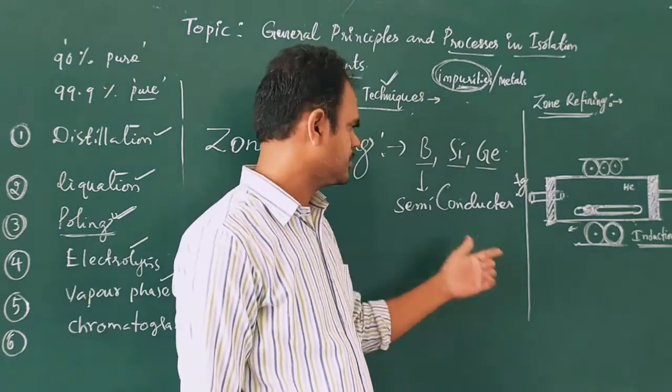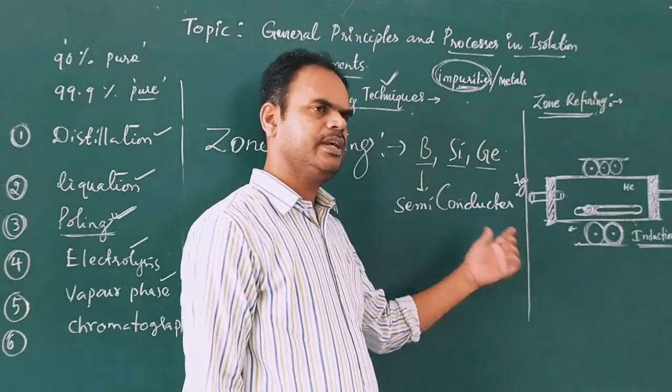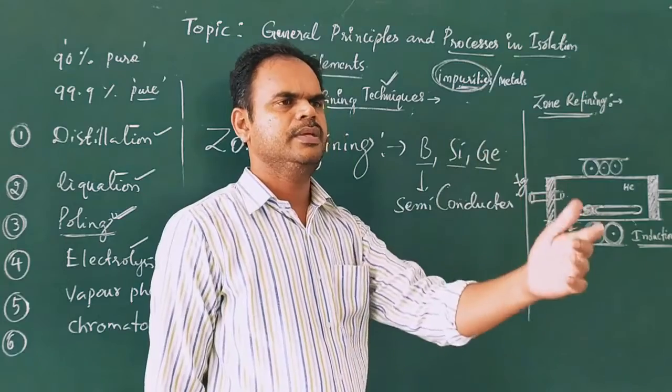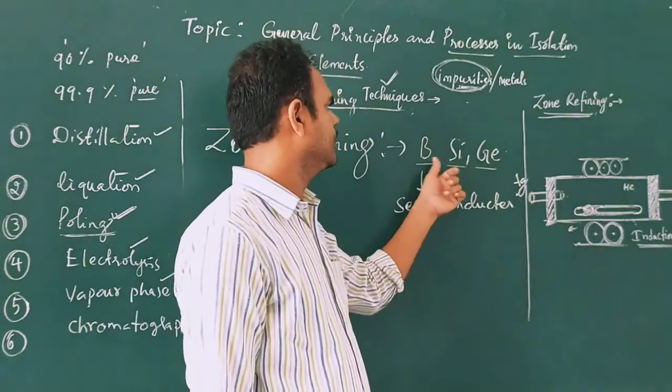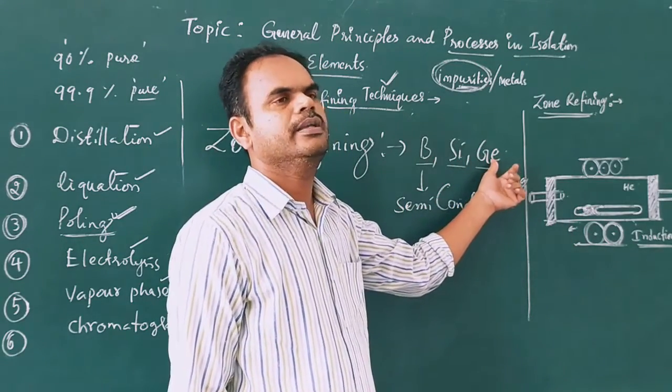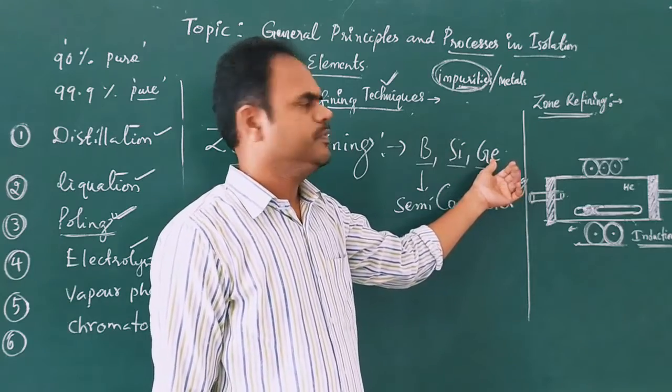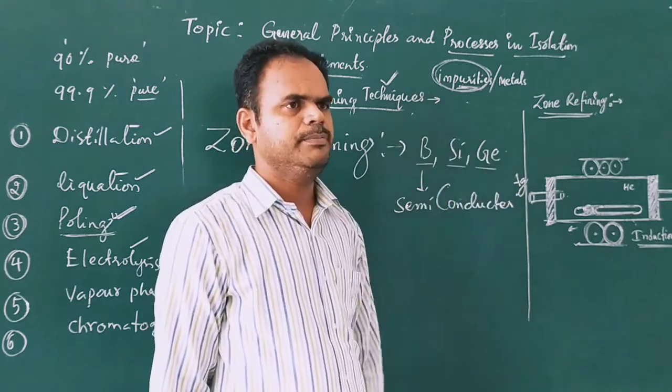For making transistors and diodes, you might have studied N type and P type semiconductor preparation. So boron, silicon, germanium are needed. Even these are needed for solar panel making also.